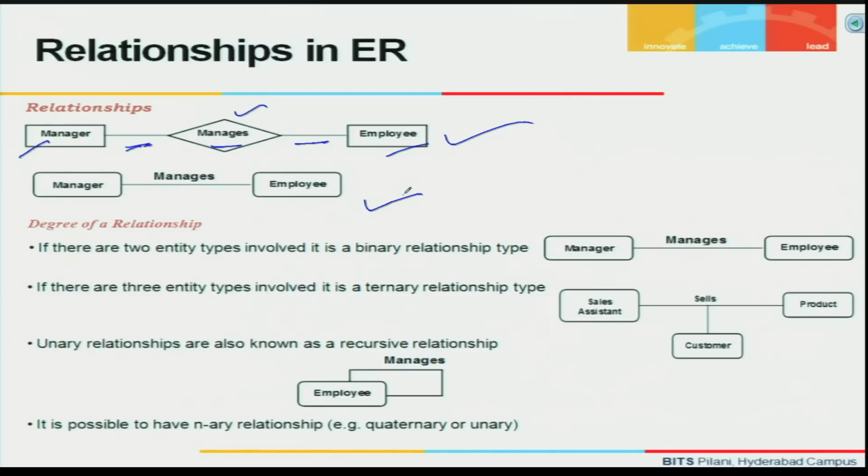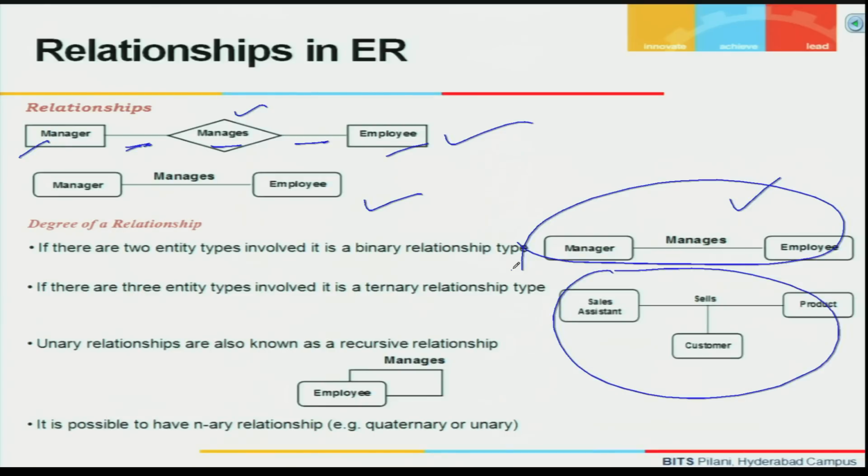Then we have one more important notion called the degree of a relationship. What do we mean by degree of a relationship? If there are two entity types involved in a relationship, the degree is 2, and it is called a binary relationship. In the first example, only two different entity types are involved. In the next one, if there are three different entity types involved, it is called a ternary relationship.